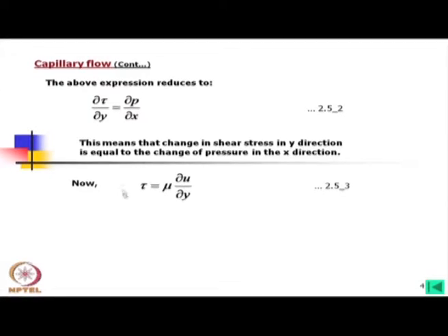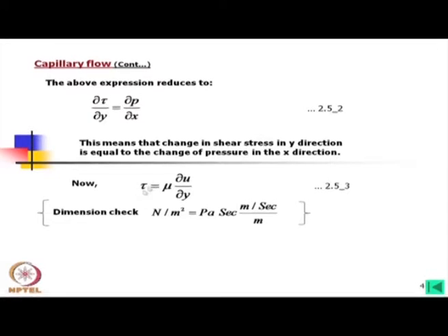Now, this is again from the theory of shear stress in fluid. The shear stress is given by mu del u by del y, where mu is known to us, which is the dynamic viscosity. If we check the dimension, this is Newton per meter square, Pascals.